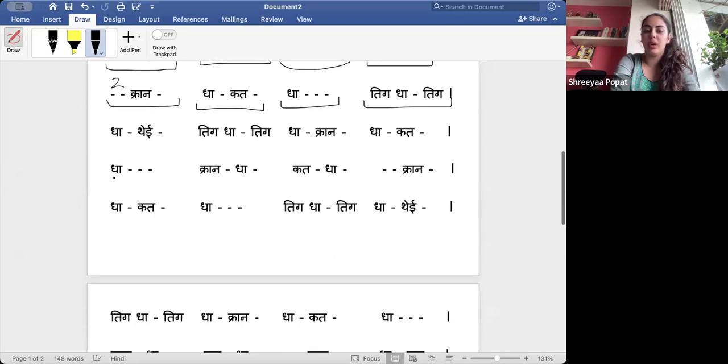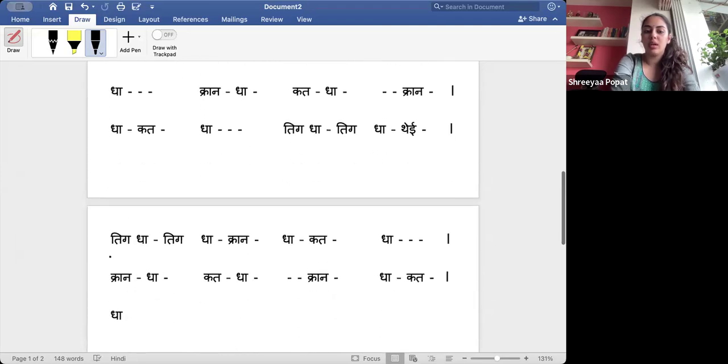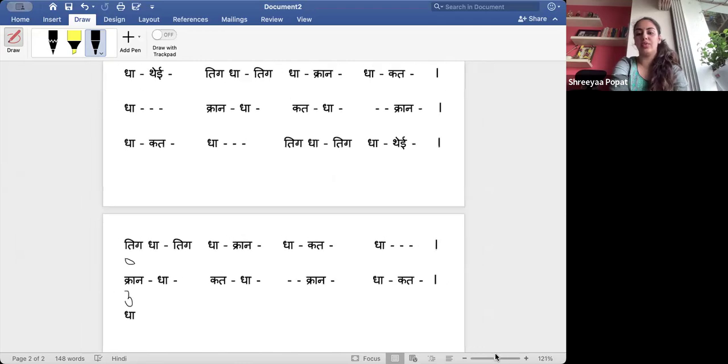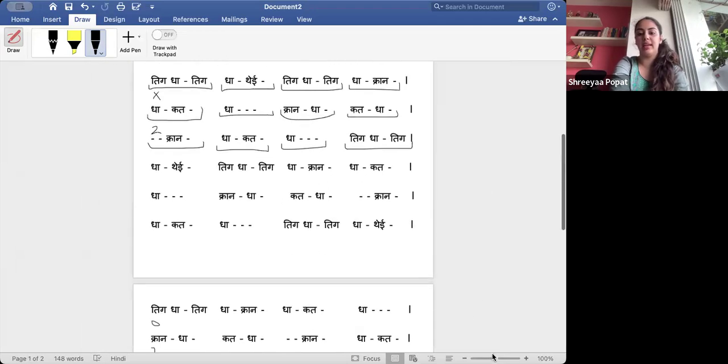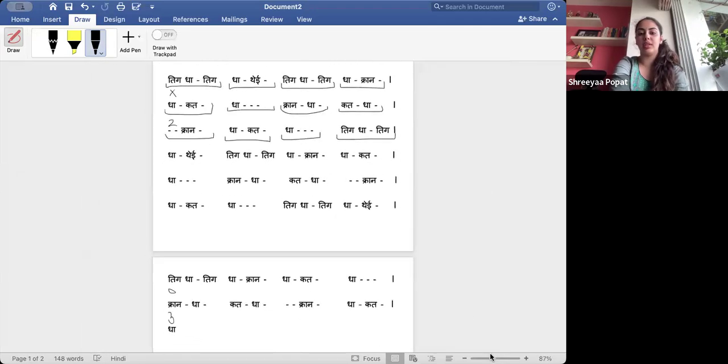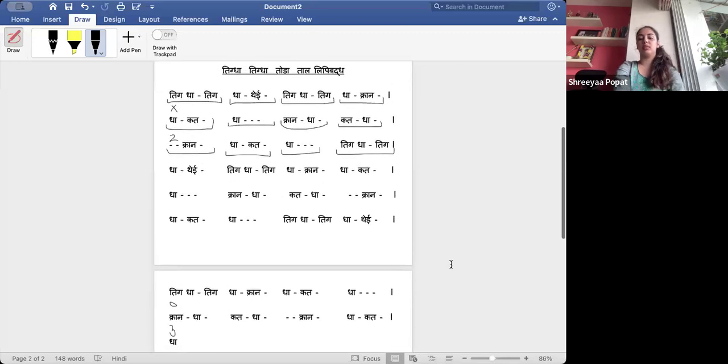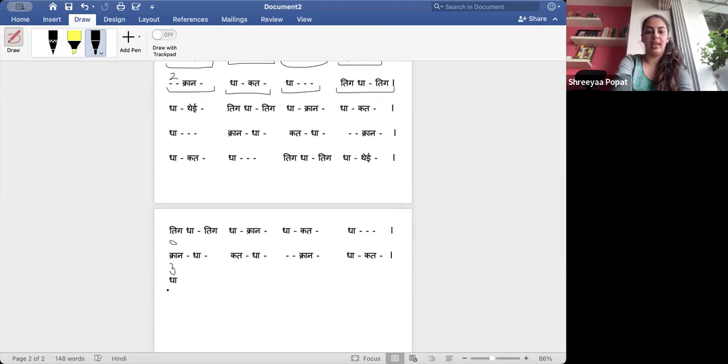And then again, you will do a cross. Here will be 2, here 0, and here 3. So it's good if you write it in an organized way like this, 4, 4, 4, 4, neatly aligned, like an Excel sheet. And again, at the end, this dha is sam, so you put a cross again. That's it.